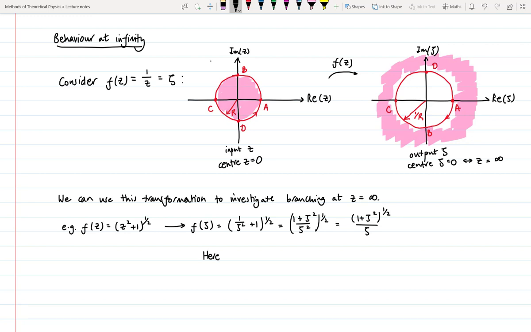Here it's the numerator, 1 plus zeta squared to the half, that determines branching behaviour. The denominator does not have a fractional power.